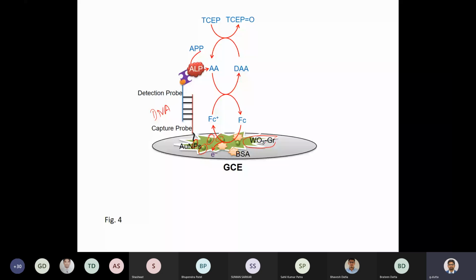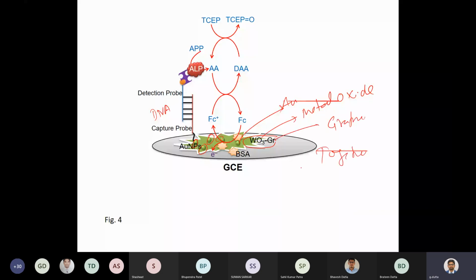We can modify the surface in some different ways. So we can use some nanoparticle like gold, or some metal oxide, some graphene, different kinds of nanomaterial you can use together.